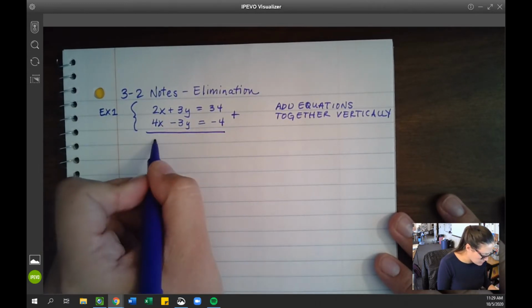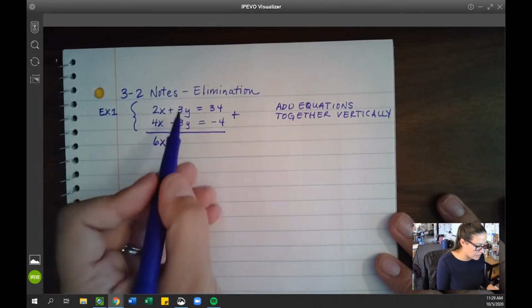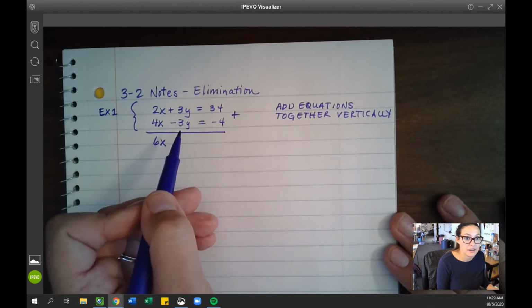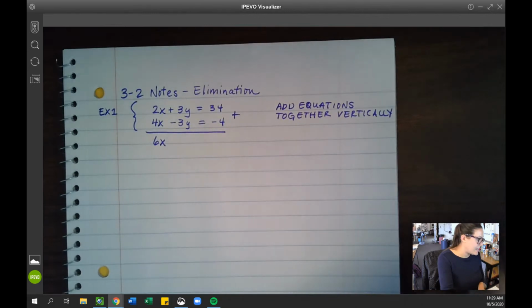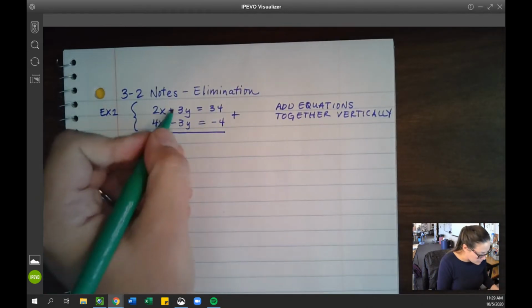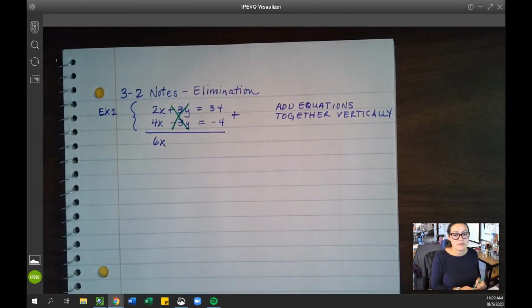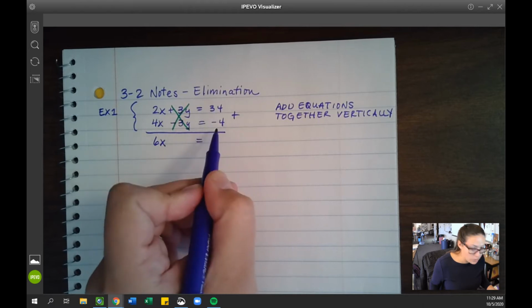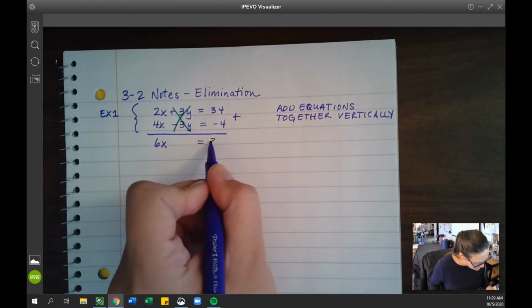2x plus 4x gives me 6x. 3y plus negative 3y gives us 0y. So it is eliminated, hence being called elimination. Our goal is to eliminate one of the variables. 34 plus negative 4 is 30.